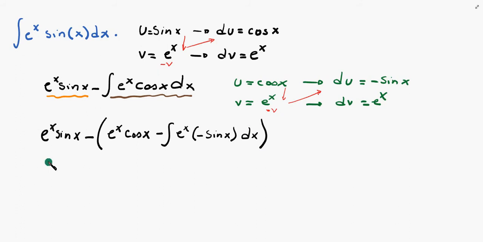We're going to have here e^x sine of x, minus e^x cosine of x, and we have the minus here coming to this one: minus times minus gives us the plus, and bringing this out of the minus gives us minus the integral of e^x sine of x dx.